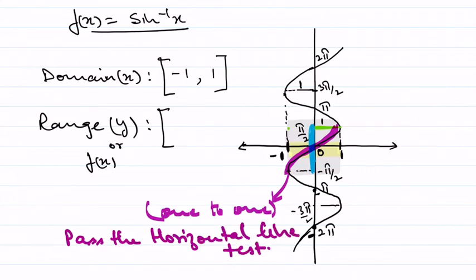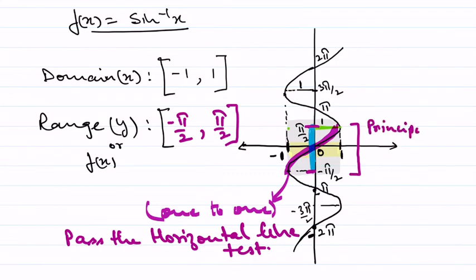So the range will be -pi/2 to +pi/2. And this range from -pi/2 to +pi/2 is called the principal value or principal value branch.